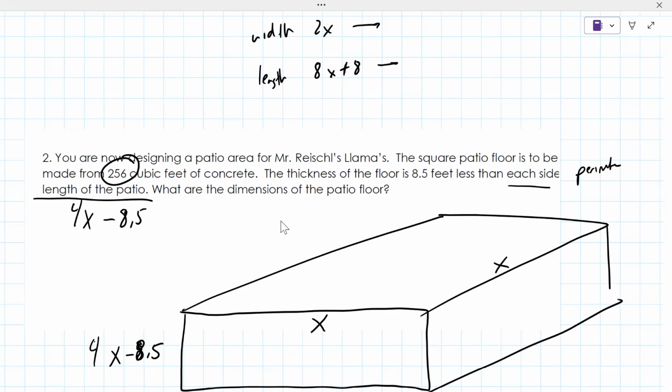All right. So then that means that the length and the width are both 4.848 because they're both x. So length equal to 4.848, width 4.848, and then height is 4x minus 4, and 4.848.